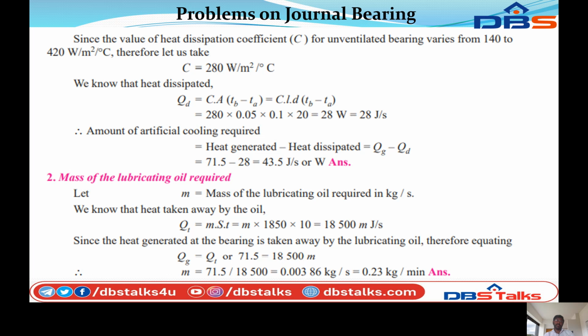So next, mass of the lubricating oil required. So let M is equal to mass of the lubricating oil required in kg per second.